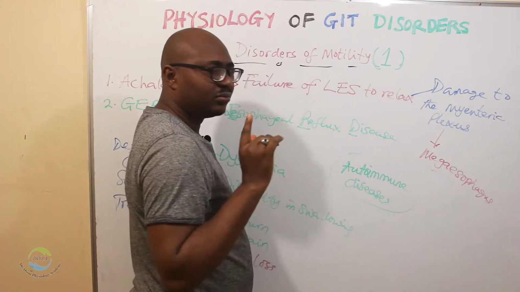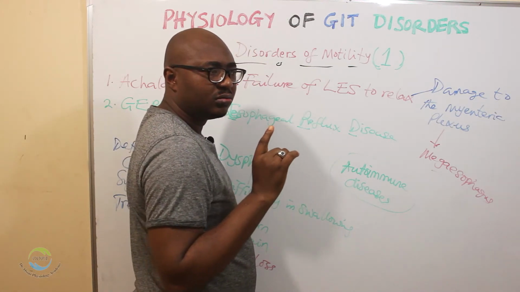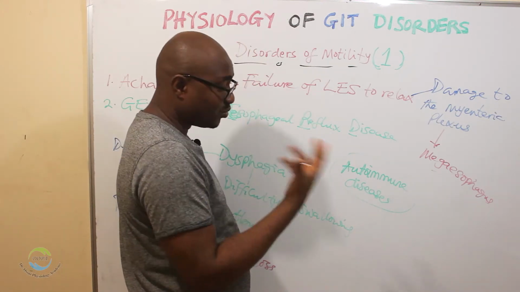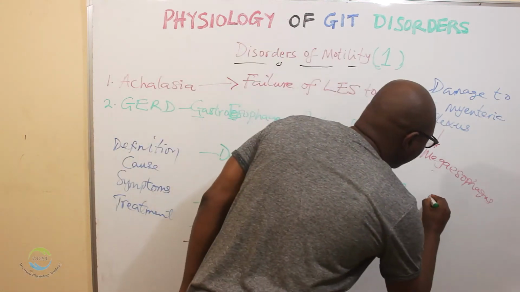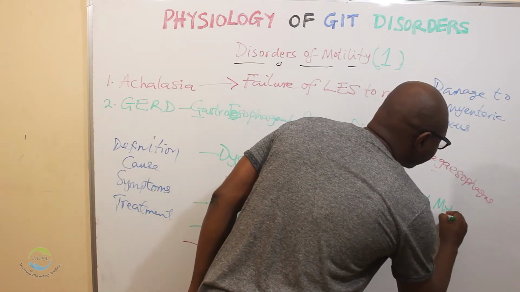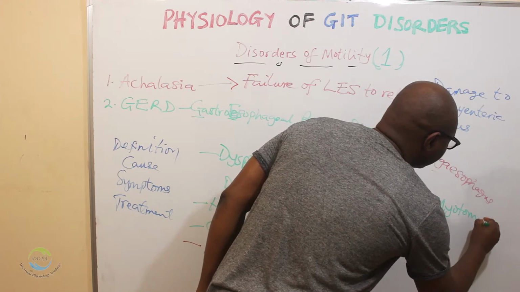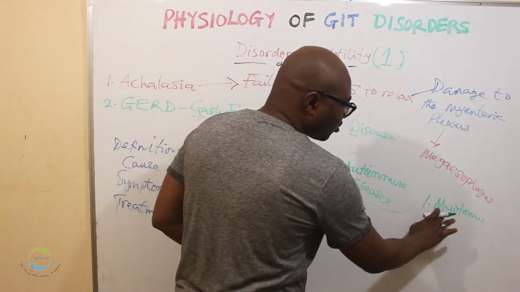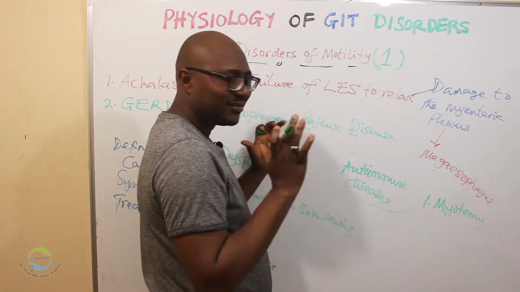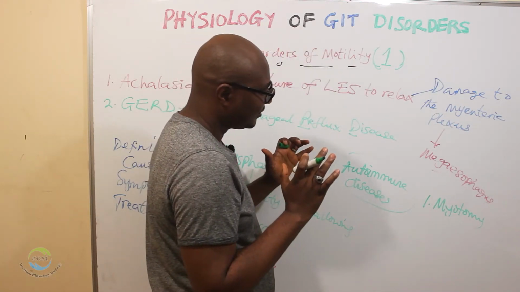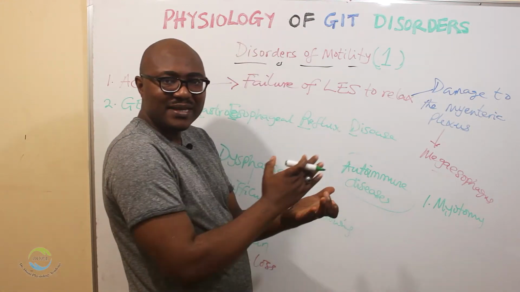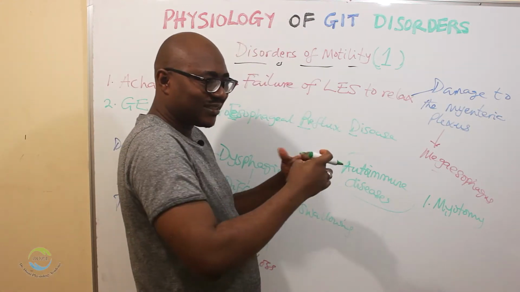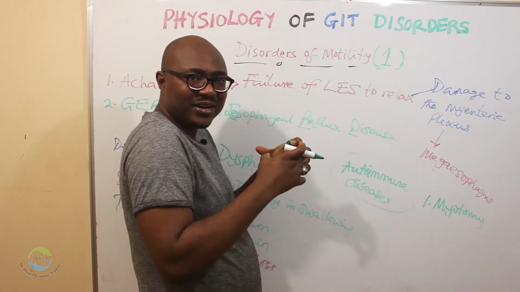The most common one and quite effective is what we call myotomy. Okay? So myotomy means a cut in muscle. So it means that you go to that muscle there because they are not relaxing.